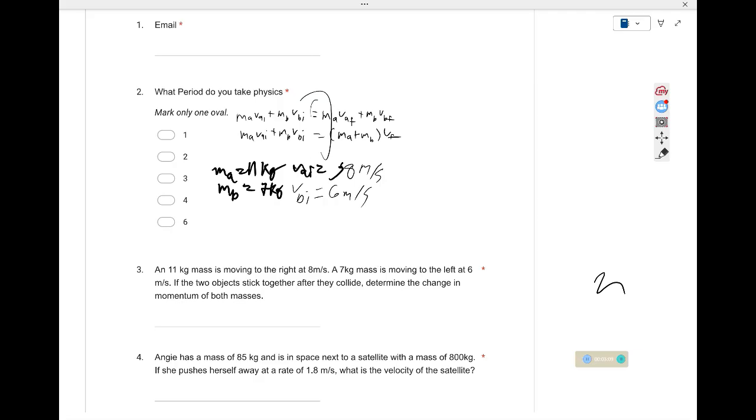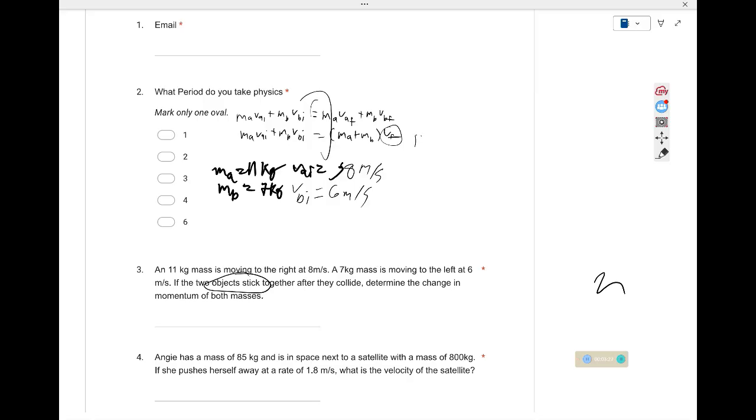So we look through, it says the two objects stick together, and what we're looking for is the change in momentum of each object. So what we're going to do is find the final velocity first and foremost. Because they stick together, it's an inelastic collision. So that's the equation that we're going to use.